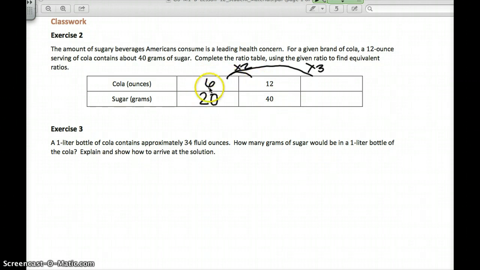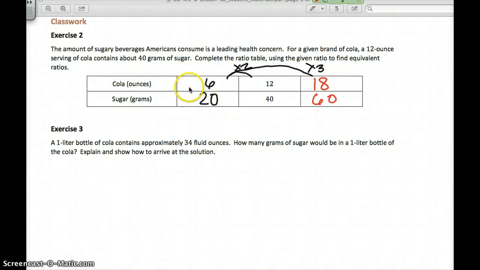So here we multiplied by 2, so let's make it bigger. So 3 times 6 would be 18. 20 times 3 would be 60. If you notice, we're counting by 20s here on the bottom. We're counting by 6s on the top.